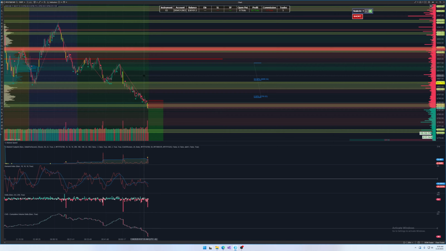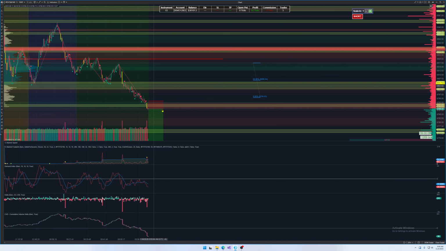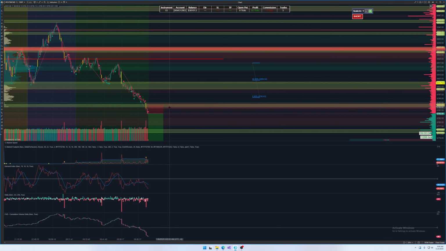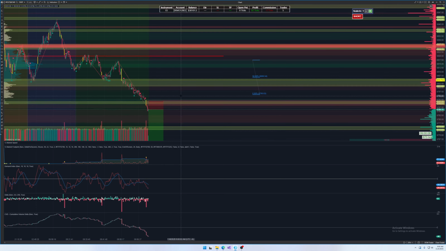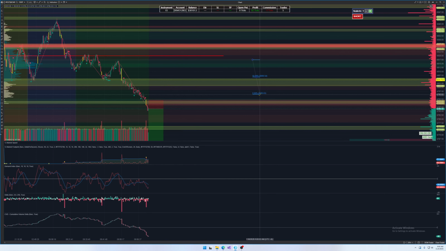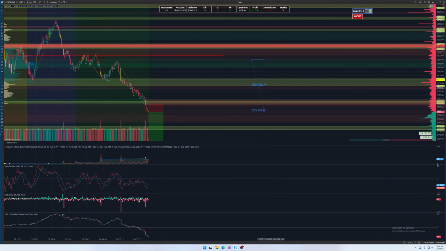Just goes through. It looks like the market wants to go deeper. So let's check if this fast moving part here gets rejected. If there's a 50% retracement, that's going to be here.